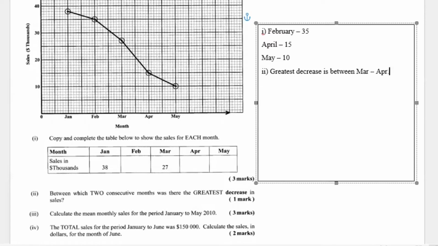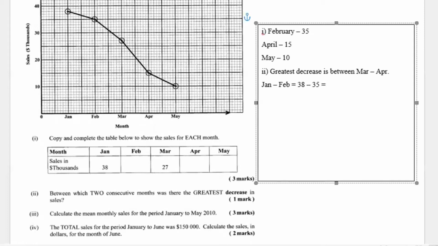But if you wear glasses like me, and sometimes it doesn't work all the time, and you cannot easily identify the one with the greatest decrease, then you can go ahead and calculate. So for example, if we're doing January to February, it would be 38 minus, and we have for February 35.